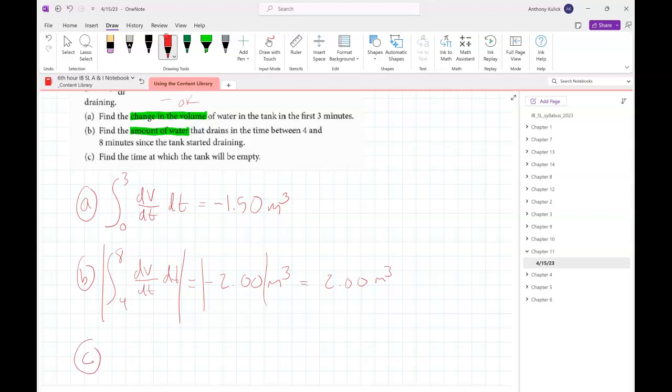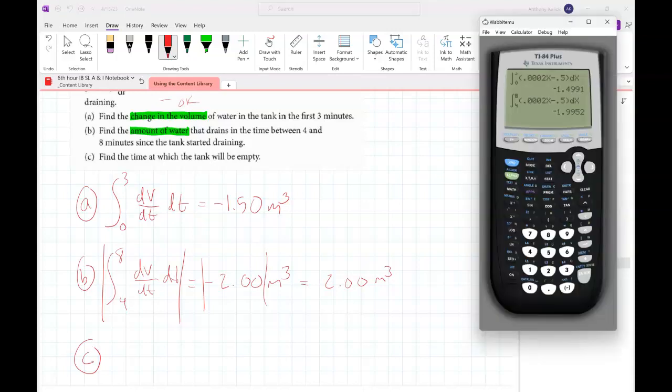And the last one says, find the time in which the tank will be empty. Let's see, will our calculator do this for us? I hope it will. All right, so into y1, I'm going to type the derivative that it gave me.